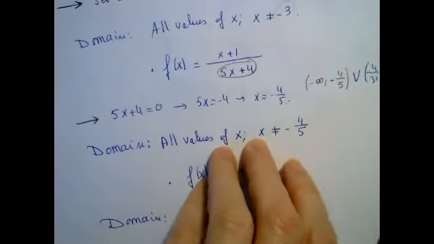Right. The second problem we're going to deal with for domain is when the formula involves a square root, a term under a square root.